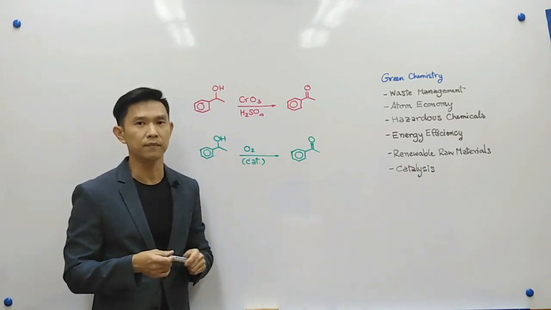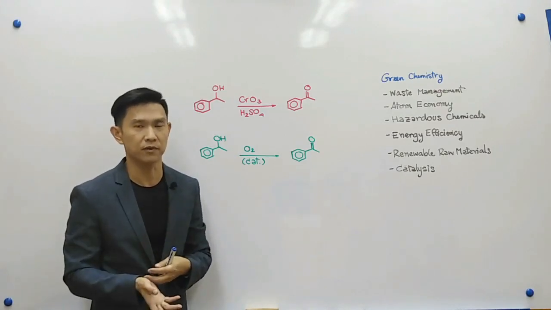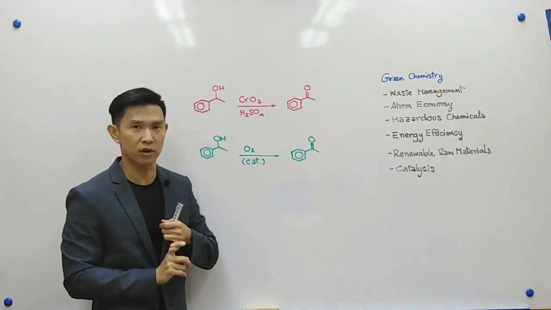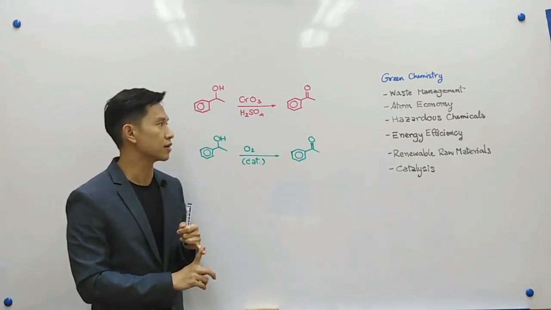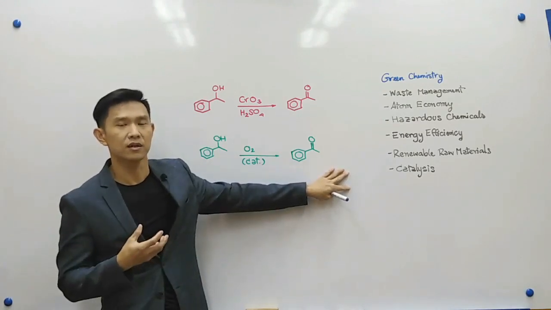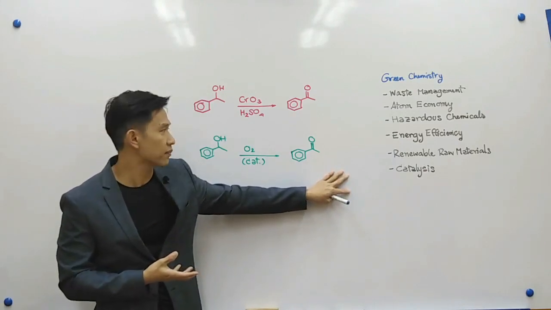Also, if you have to heat up the system using petroleum oil, that is not a renewable one, right? So sometimes with renewable materials, you have to think about renewable energy sources in the reaction as well.